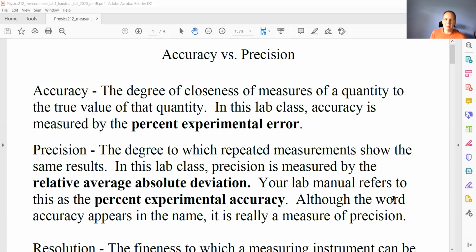Even though it's called percent experimental accuracy, it's a measure of precision. But we're kind of stuck with that terminology. And in many of the labs, I ask you to compute percent experimental accuracy. And if you look at the lab manual itself, many of the questions ask you to compute it. So just keep in mind that when it asks you to find the percent experimental accuracy, you're really measuring the precision, right? You're calculating this relative average absolute deviation to measure precision.